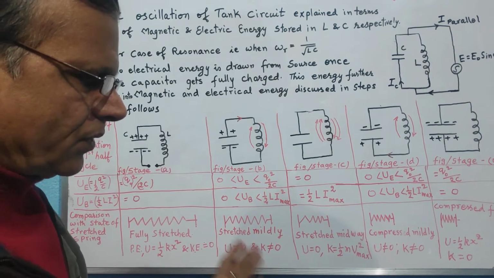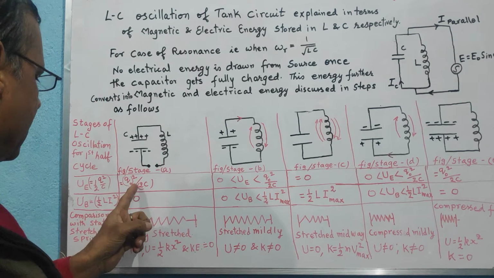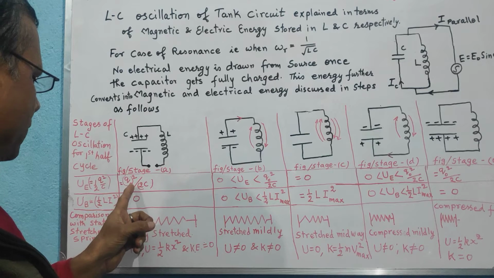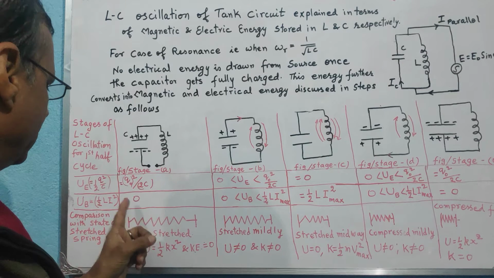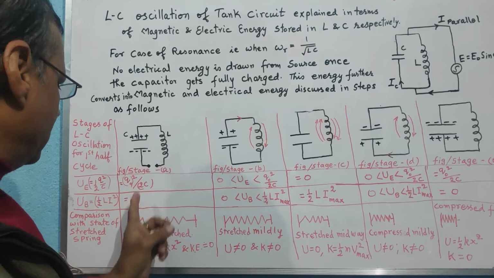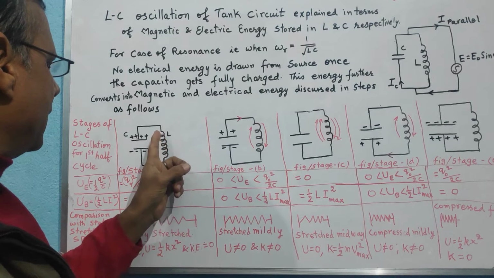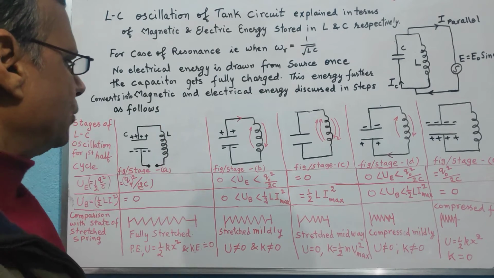So the electrical energy in this stage is maximum, equal to Q0 square by 2C, and the magnetic energy stored in the inductance is 0 because no current has started flowing through the inductance coil.